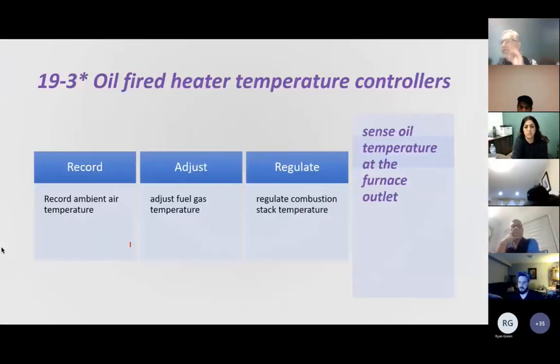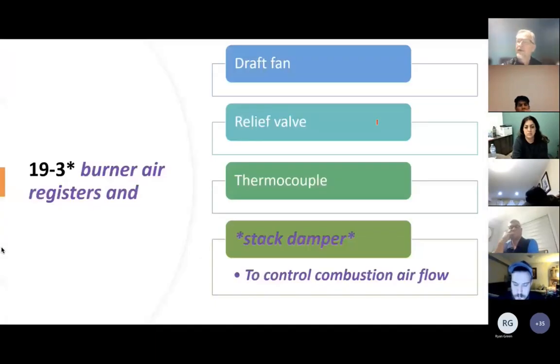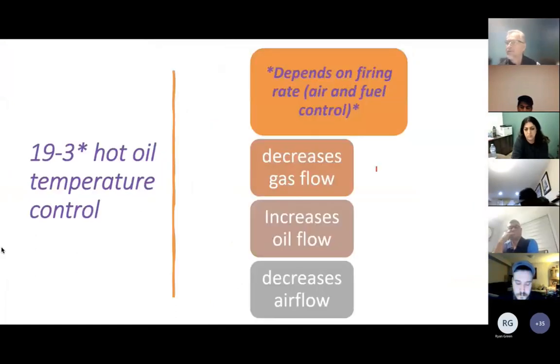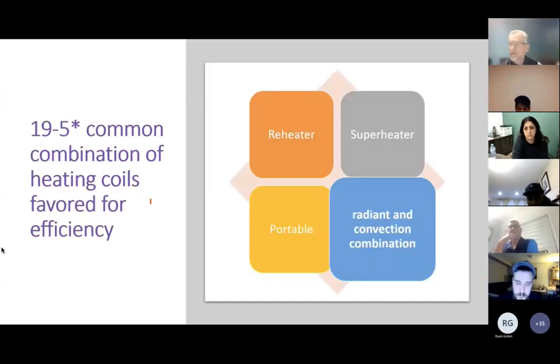Oil fired heater temperature control senses the temperature at the furnace outlet. For draft control, we have burner air registers and a stack damper. Hot oil temperature control depends on the firing rate, so we control air and fuel to control the maximum temperature on our hot oil.